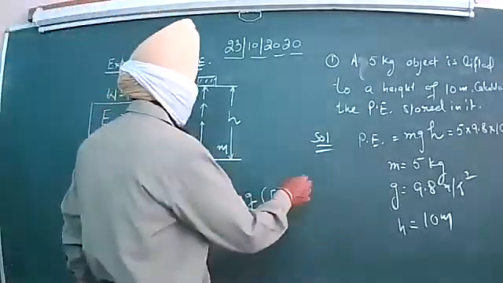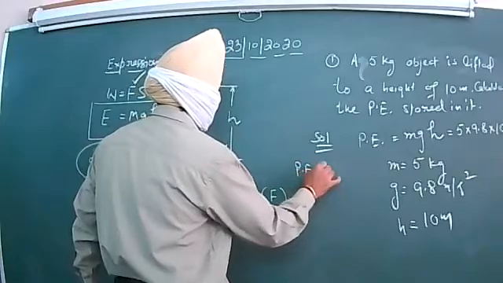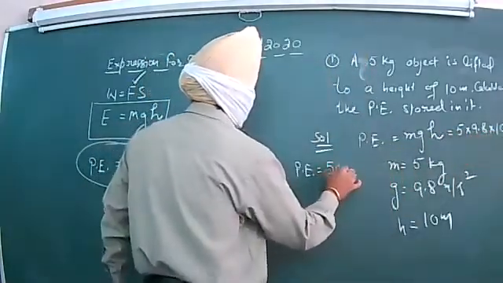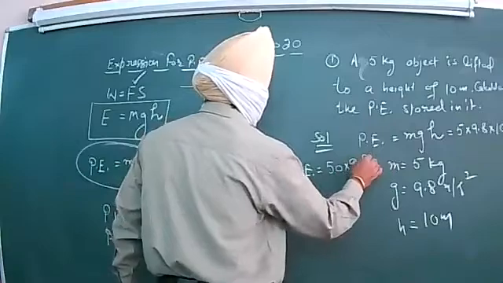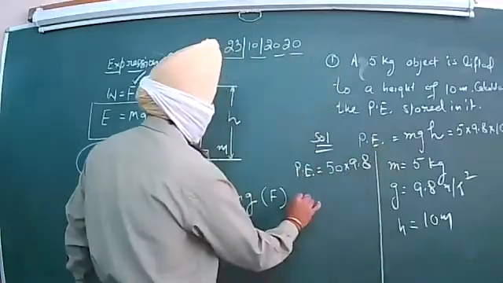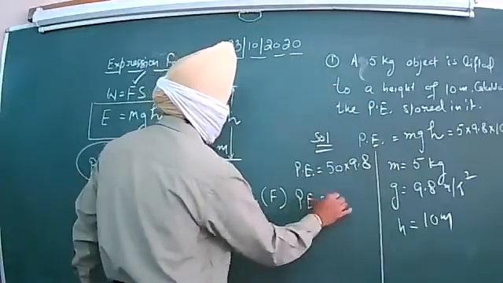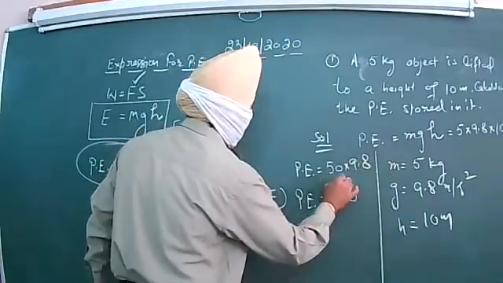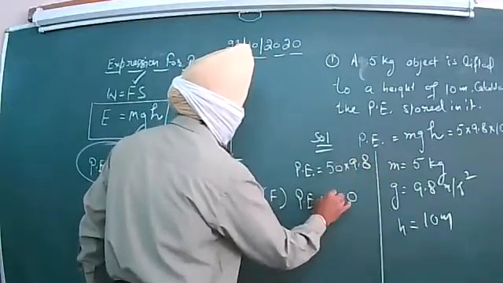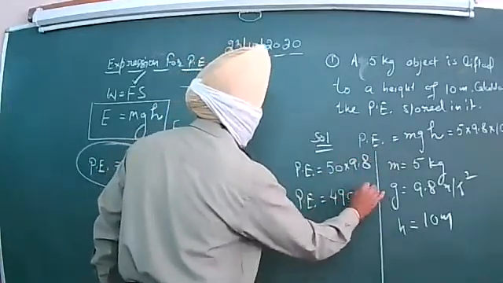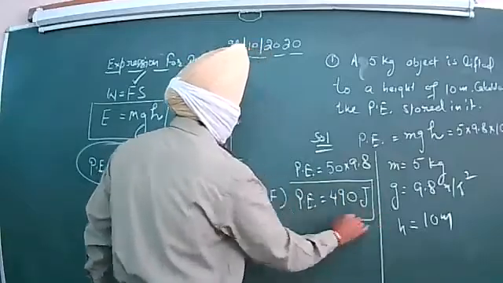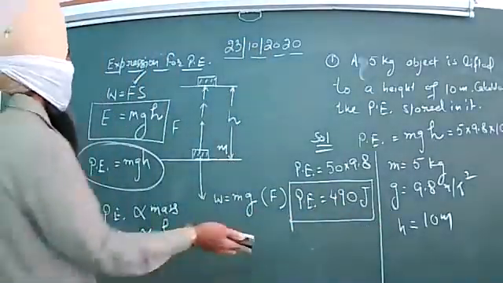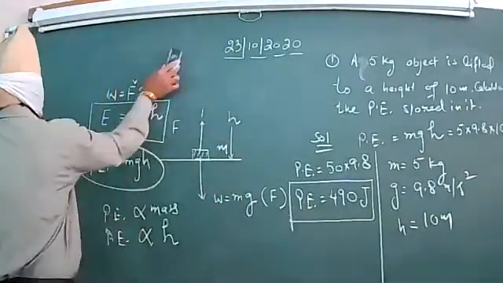Potential energy is 5 into 10, 50 into 9.8, which is 490 joules. So in this manner, beta, you can calculate the potential energy stored in the object.